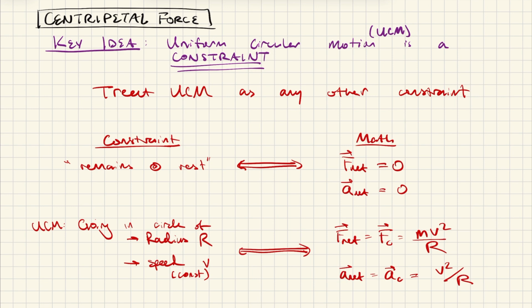The key point is that you want to think about UCM exactly the same as you think about remains at rest in a physics problem. They're giving you secret information in terms of an English sentence, right? But we can translate that information into some mathematical constraints on the value of the net force. In the case of at rest, that net force is 0. In the case of UCM, that force is mv squared over r, okay?